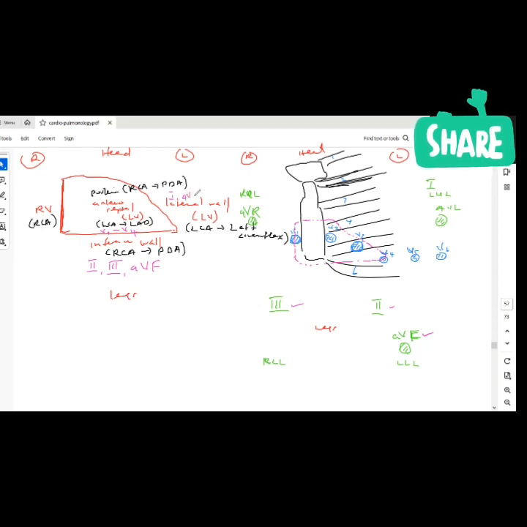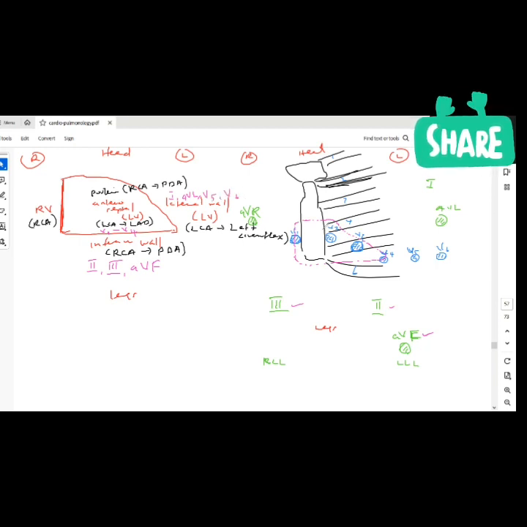Remember, AVL is located on the left upper extremity, but it's just giving my idea of the location there. So lead 1, AVL, what else? V5 and V6.